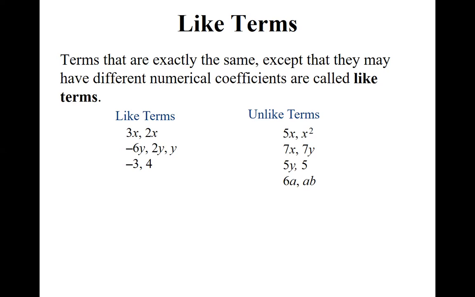6a and ab. They both have a, but just like x and x squared weren't the same thing, a and ab aren't the same thing. b is an extra variable that one has that the other doesn't. They cannot be like terms.